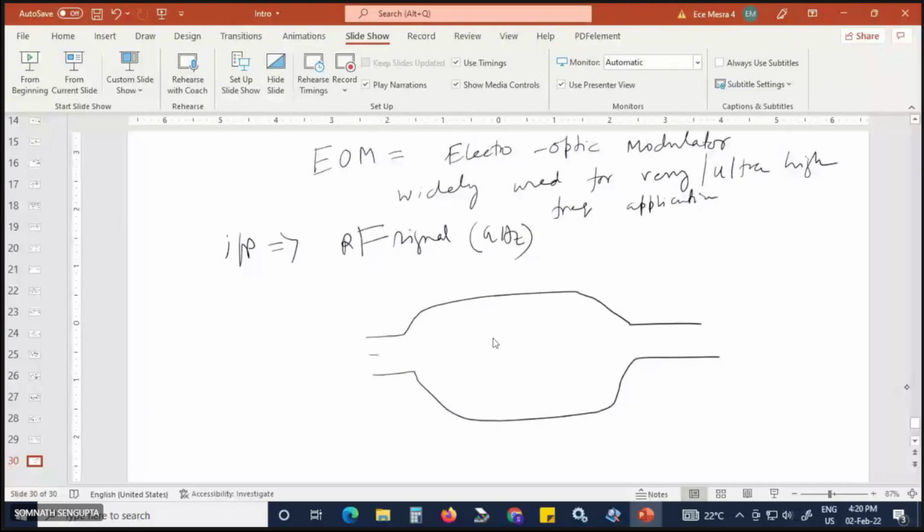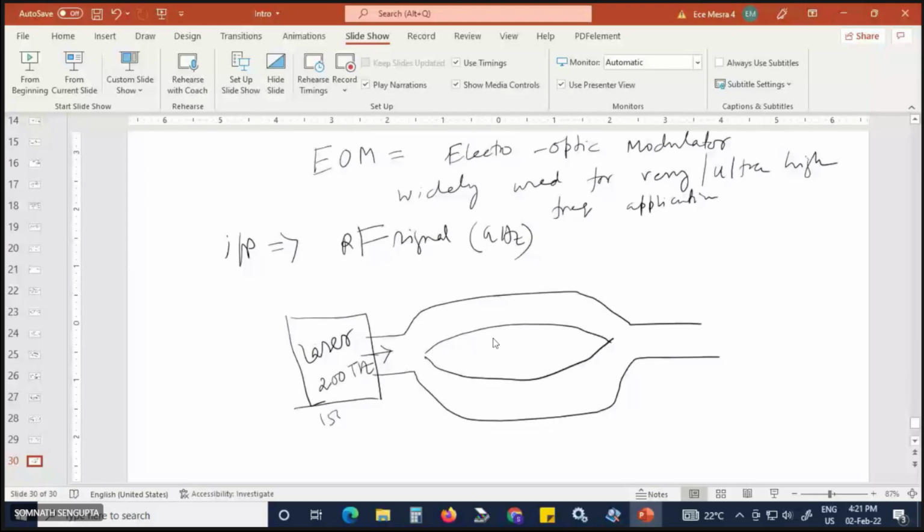It is a waveguide, not an electronic circuit. So this is light in, from a laser. You connect one high frequency laser, about 200 terahertz, or 1550 nanometers.